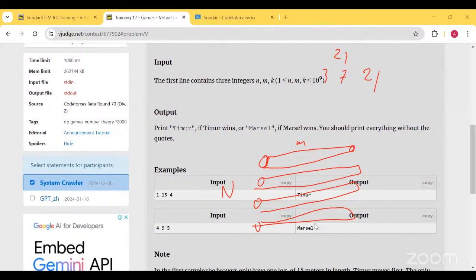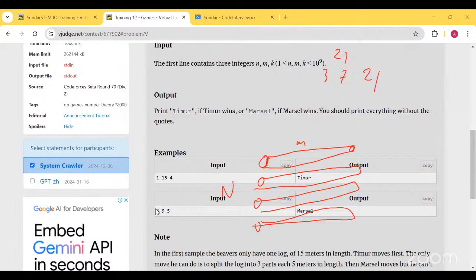So if N is even, then an even number of Grundy numbers will XOR together. Do you know what is the result of this XOR? Just 0.